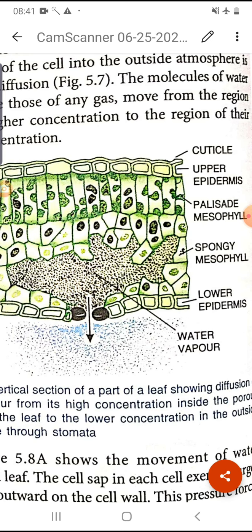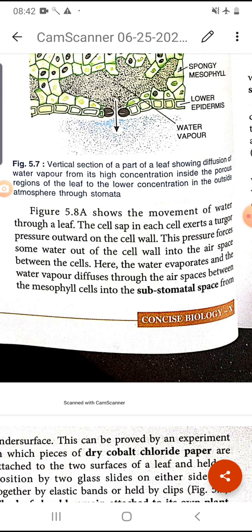So this next figure shows the movement of water through the leaves and the cell sap in each cell. In each cell there is cell sap, right? The cell sap in each cell gives a turgor pressure outward on the cell wall.